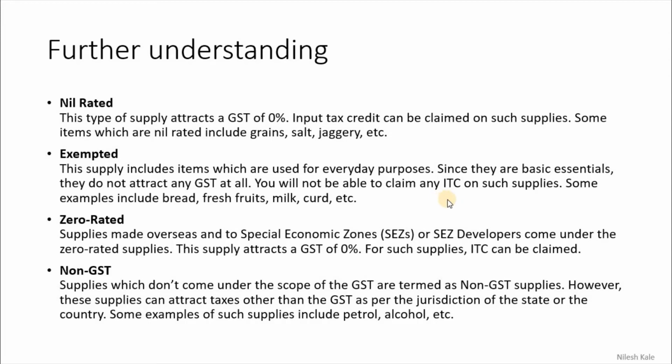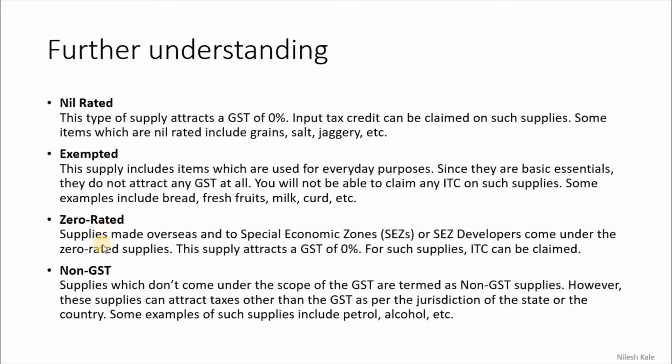Because they are consumer goods, they are directly consumed by the consumers themselves, and that too for the basic essentials. Some examples are bread, fresh fruits, milk, curd, etc. These also include rice, wheat, and edible oil, etc.